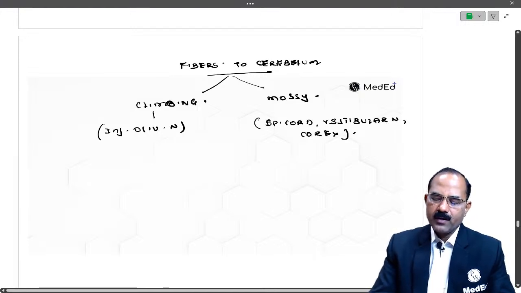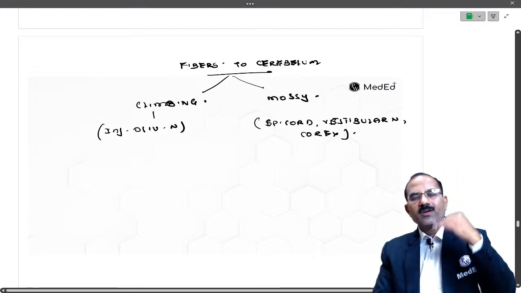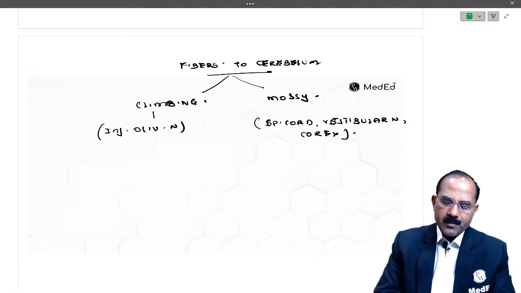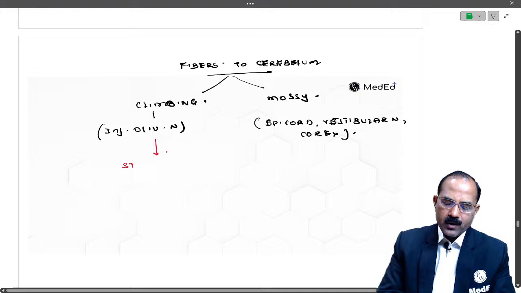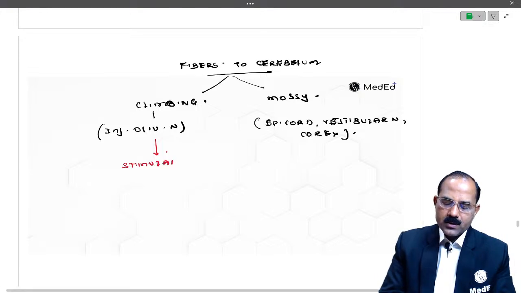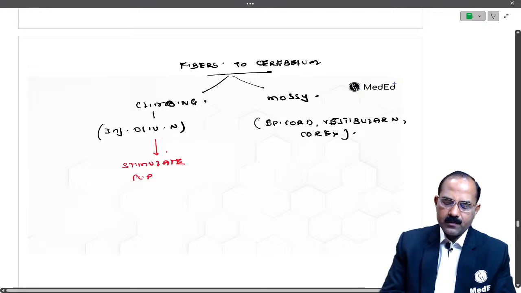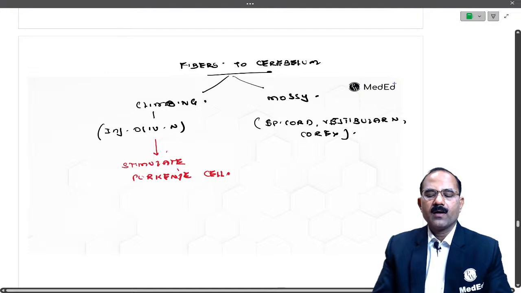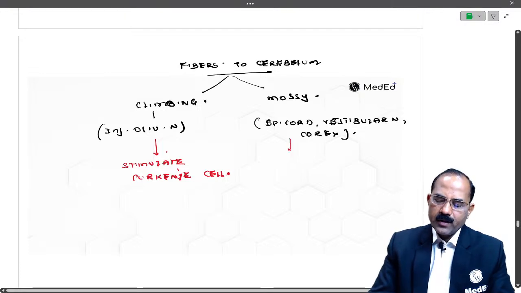Climbing fibers arise from the inferior olivary nucleus and mossy fibers arise from here. Climbing fiber is going to stimulate what? The Purkinje cell. You must know this from physio. Climbing fiber stimulates the Purkinje cell. Mossy fibers are going to stimulate what? Granule cell.